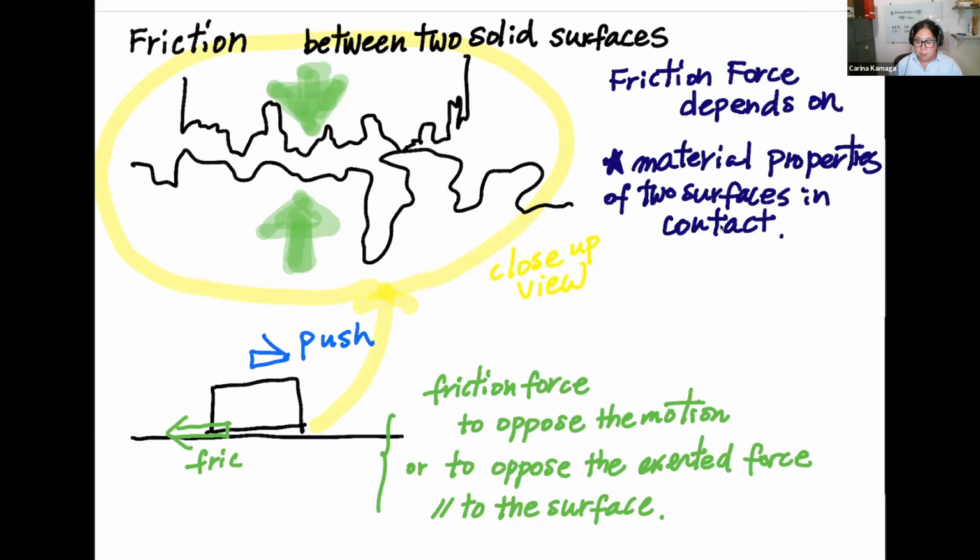So depending on the type of material, the friction force changes, which makes sense, right?